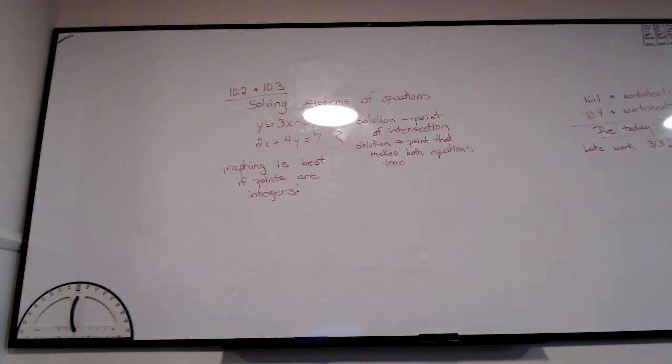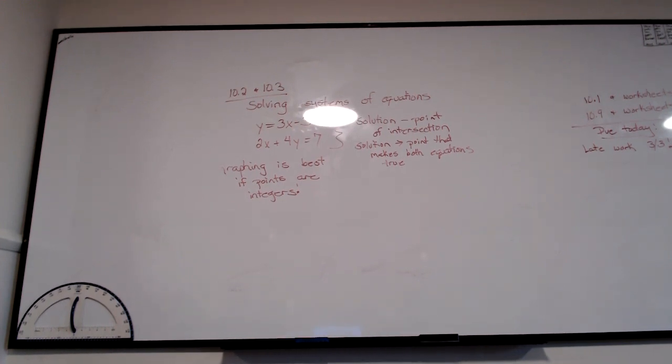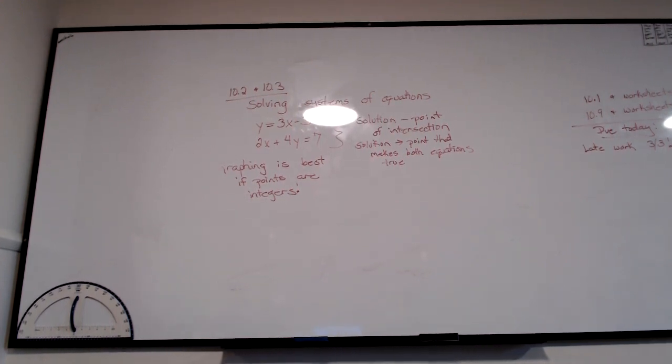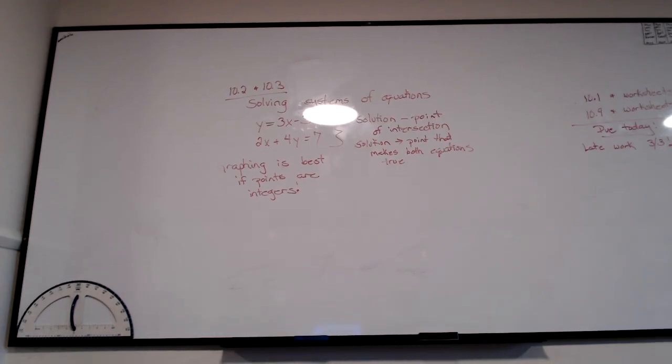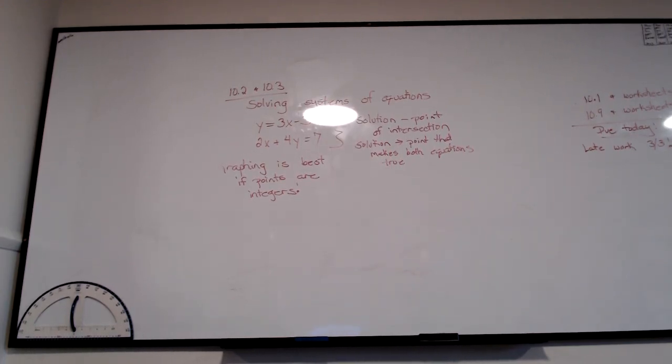Or they intersect at 5 and 7/8 and 3 and 2/3. We get fractional answers. If they don't intersect right at integers, right at those crosses on our graph paper, it's not easy for us to determine exactly what point they intersect at.